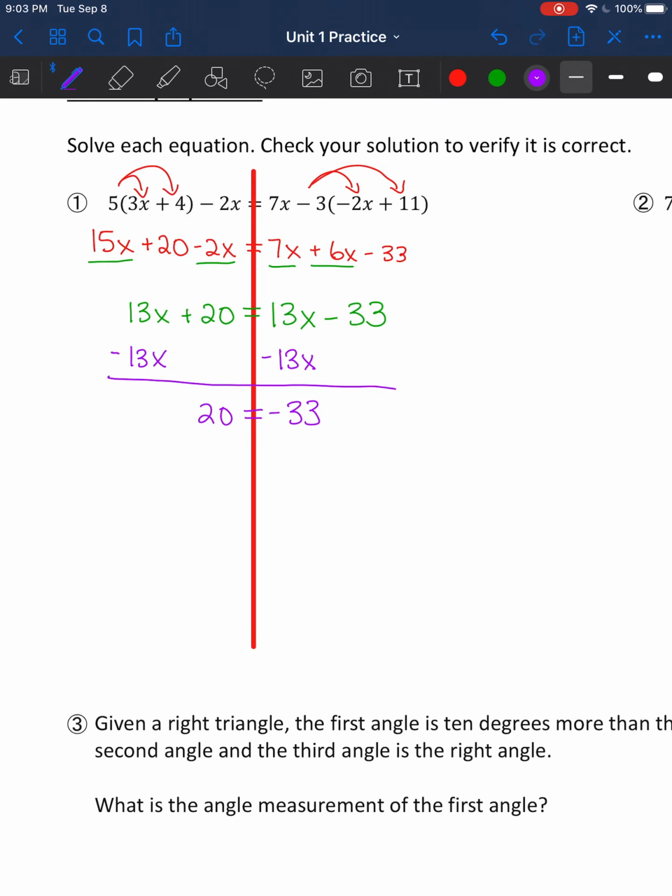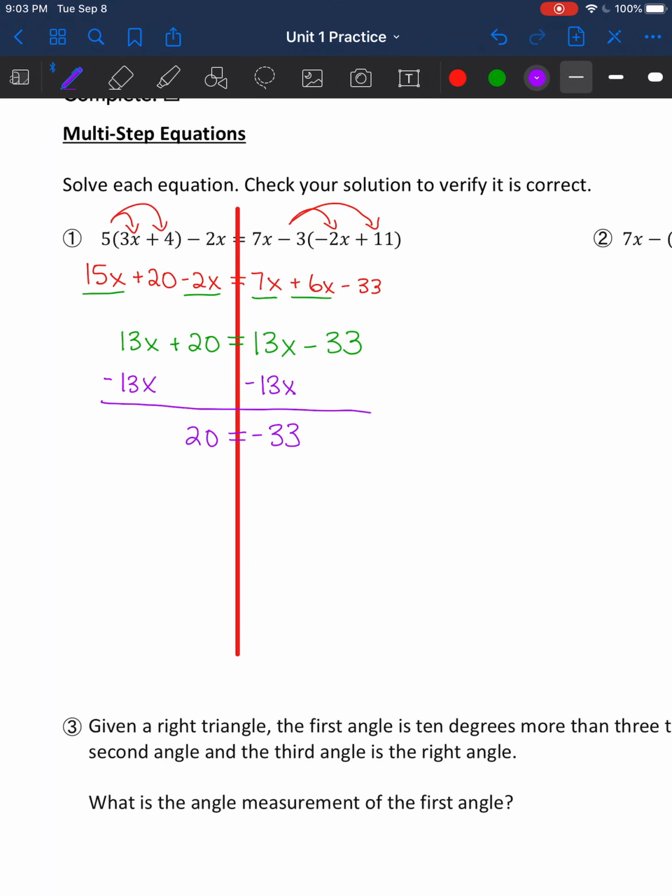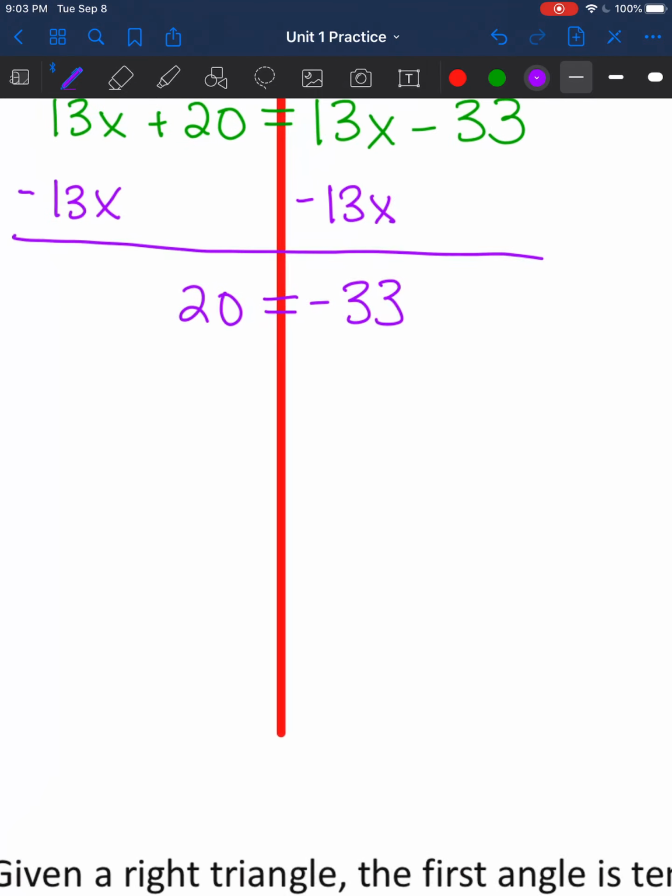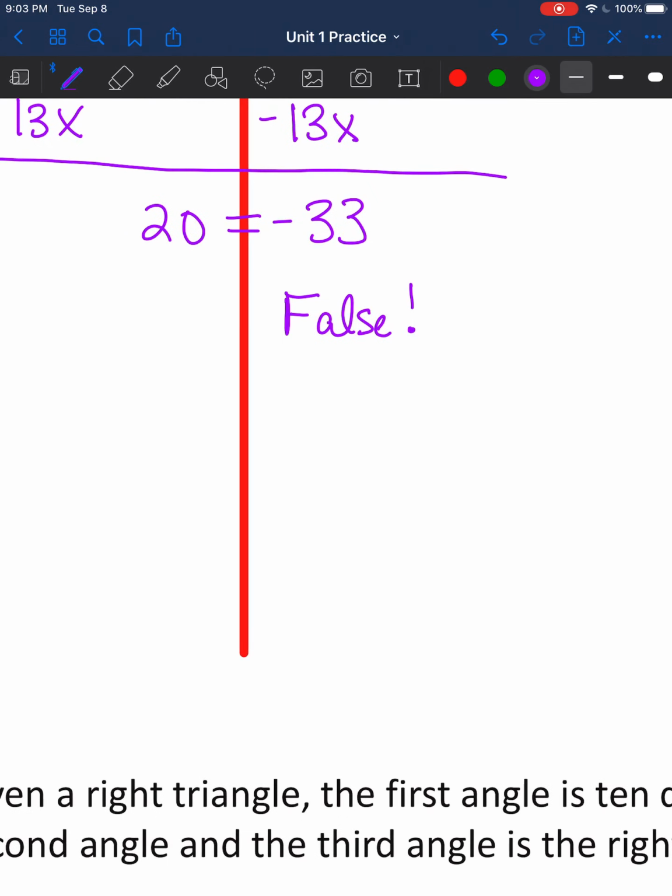So this multi-step equation is actually a special solution equation, because here I see that I've ended up with a false statement. This is false. 20 does not equal -33. So that means that this is a contradiction and there are no solutions.